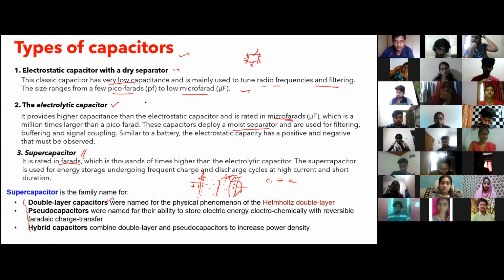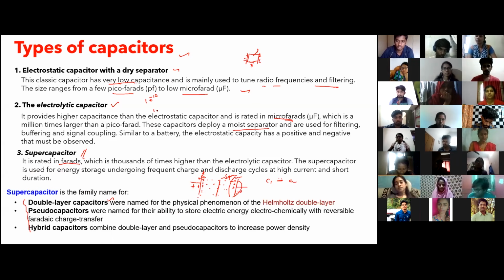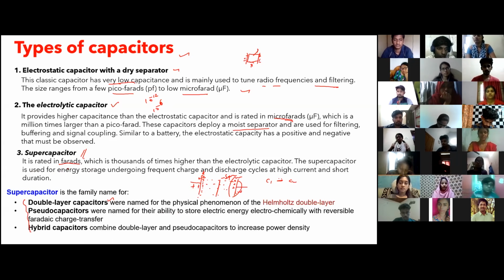Pico is 10 to the power minus 12, right? And micro is 10 to the power minus 6, correct? Pico is minus 12, I think. So you see, the capacitance is really so big, it is in farads actually.